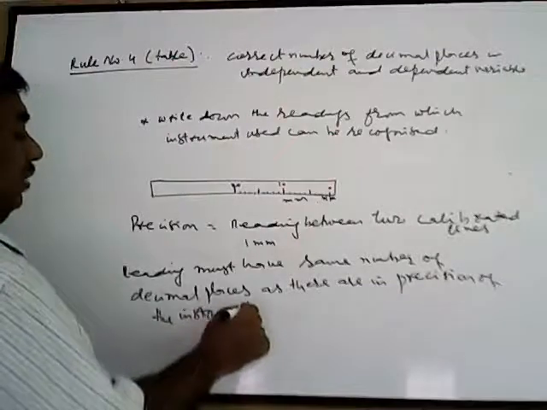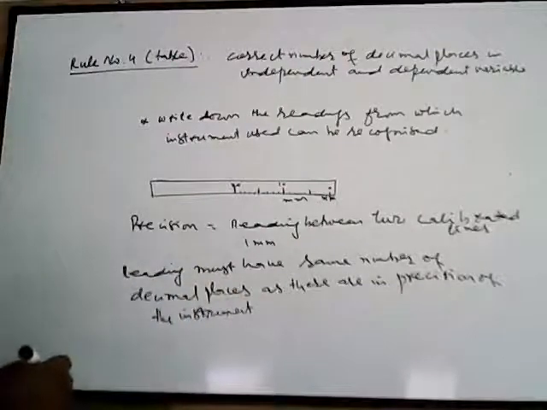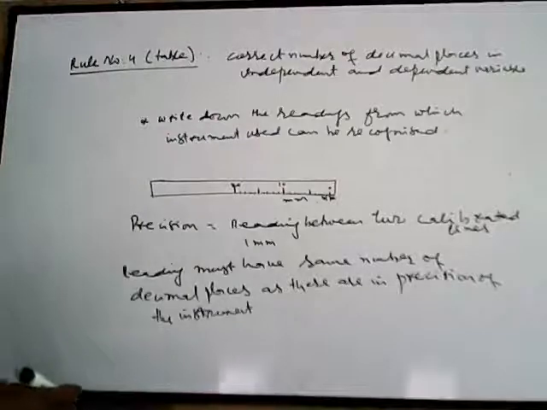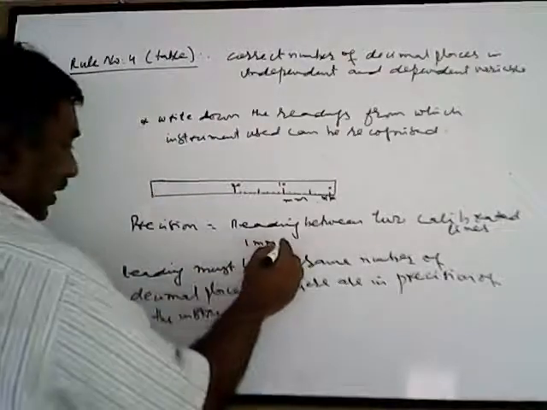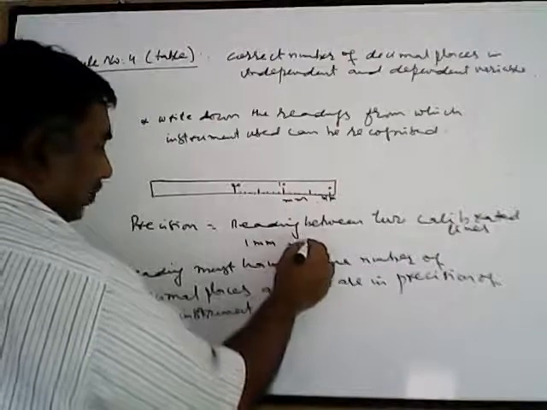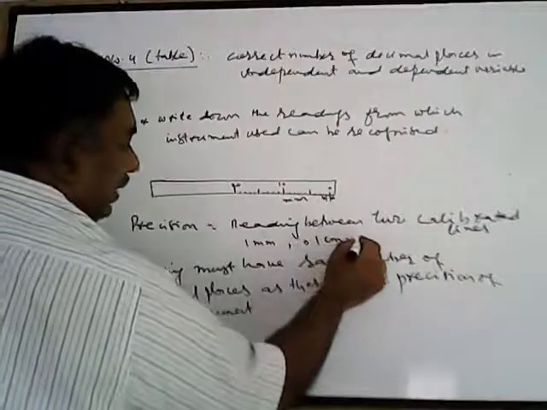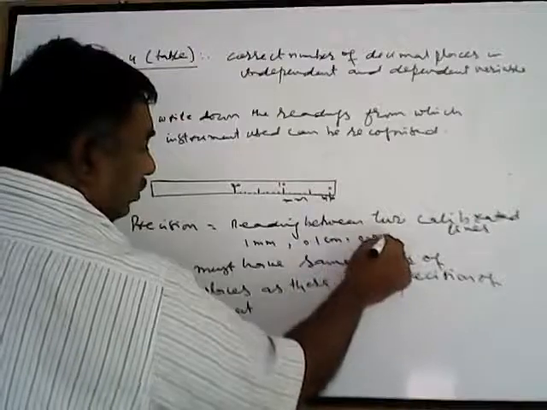So first of all, always determine the precision, then determine the decimal places. Now the precision of the meter rule is 1 millimeter, or in centimeters it is 0.1 centimeter, or in meters it is 0.001 meter.